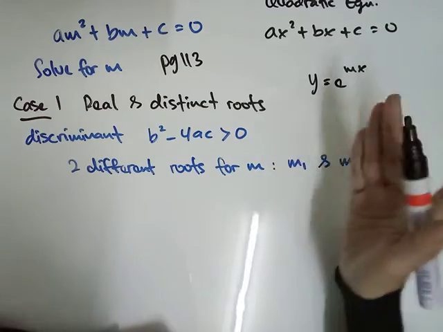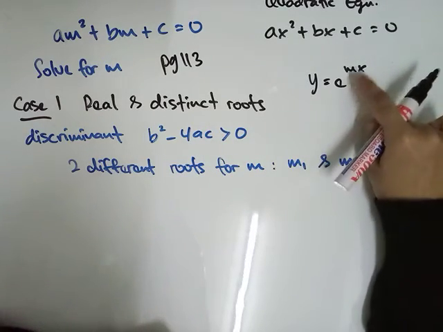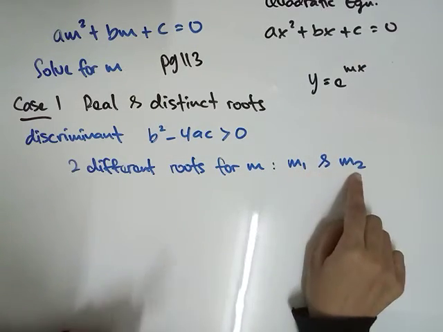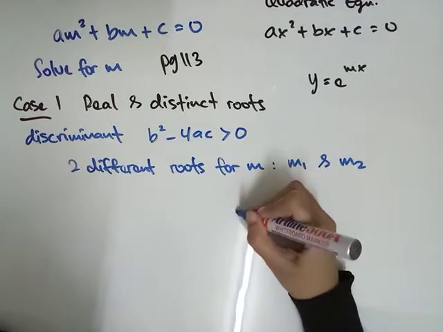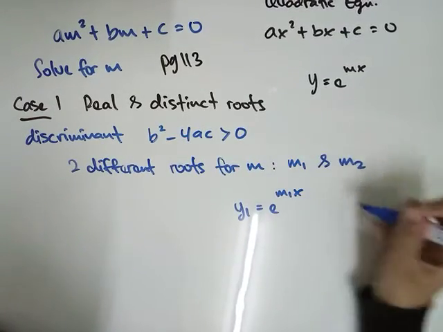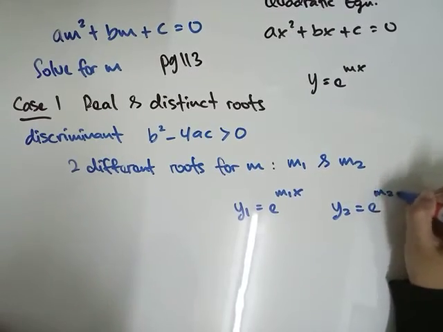Yang sebelum video ni saya ajarkan, using this theorem y equals to exponent mx. Because we have m1 and m2, it will become y1 equals to exponent m1x, and y2 is equal to exponent m2x.